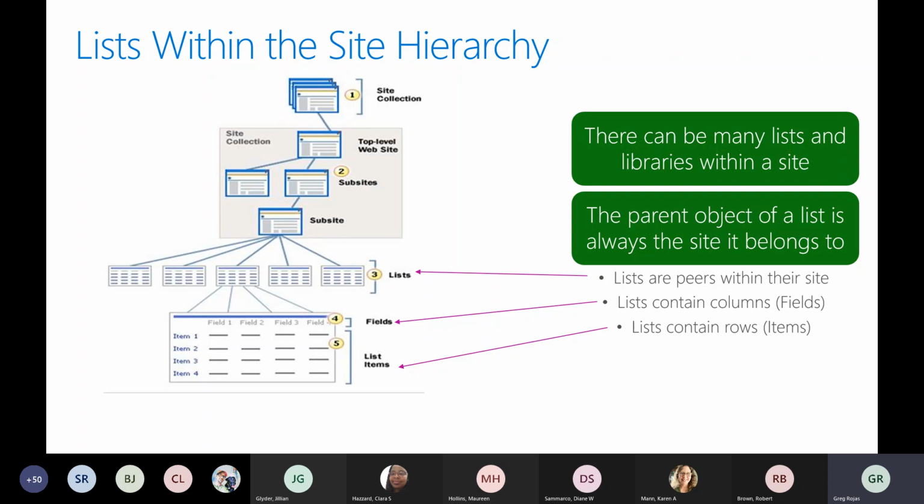If you give me the specific number, I know you looked it up. 32,000. Good number, but you're at like 1%. It's 30 million. Every list and library can store up to a maximum of 30 million items. That includes folders and files, and that includes list items. So 30 million.